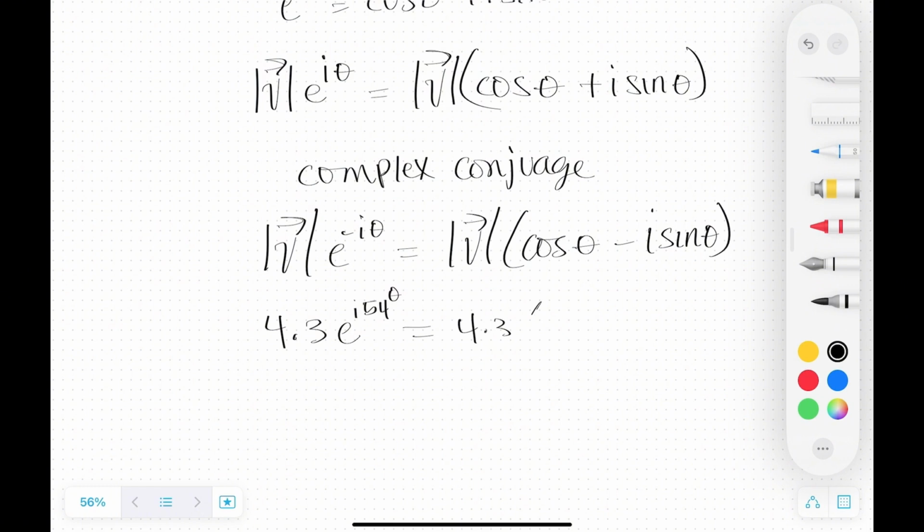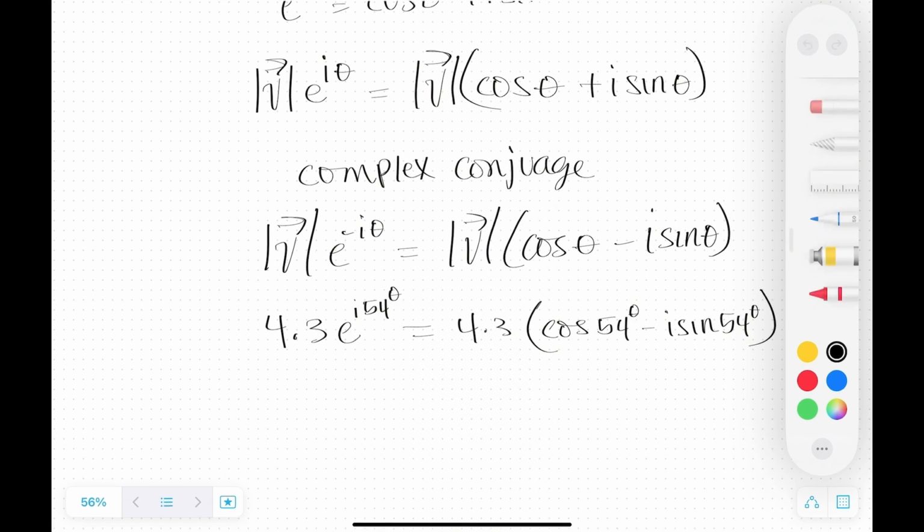Which should be 4.3 times cosine of 54 degrees minus i sine 54 degrees. This is known as the Euler form for complex numbers and allows us to take advantage of exponent rules with complex numbers.